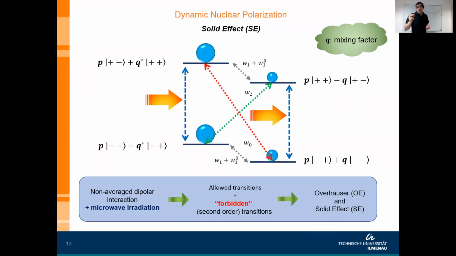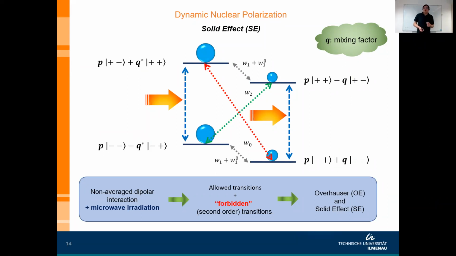Q is the factor that will be responsible for this solid effect: if you irradiate the transitions of the electron system, you will have transitions that are allowed in principle. When you have the mixing, forbidden transitions will also happen, and then you will have this solid effect. The solid effect happens at a shifted frequency, or an offset, which is basically the nuclear Larmor frequency. We'll see this again also.